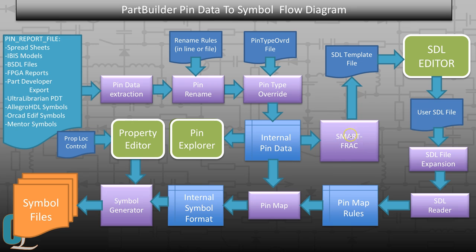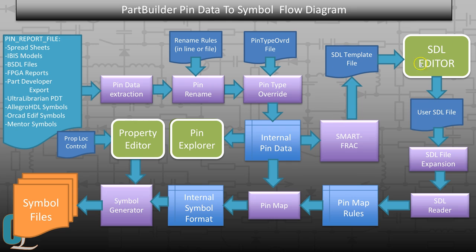If it can detect it's an FPGA, it'll find the banks and split the symbol into multiple banks, or the symbol description language to describe multiple banks. The output of SmartFrac is this SDL template file. That's the first file that gets created.